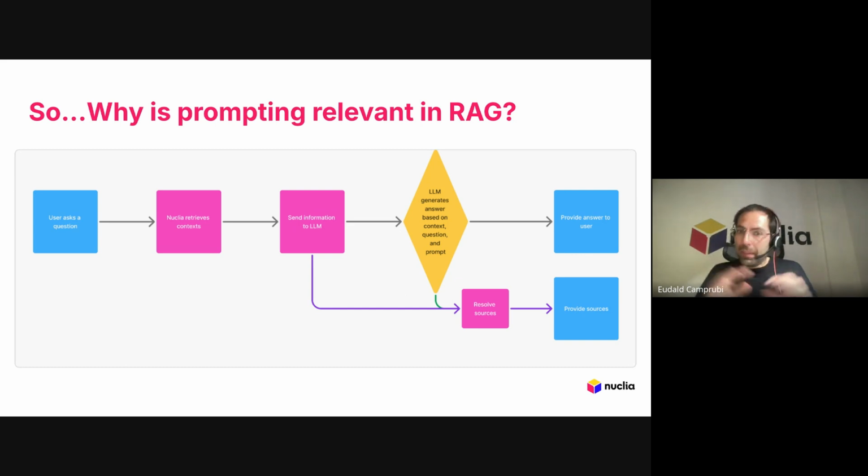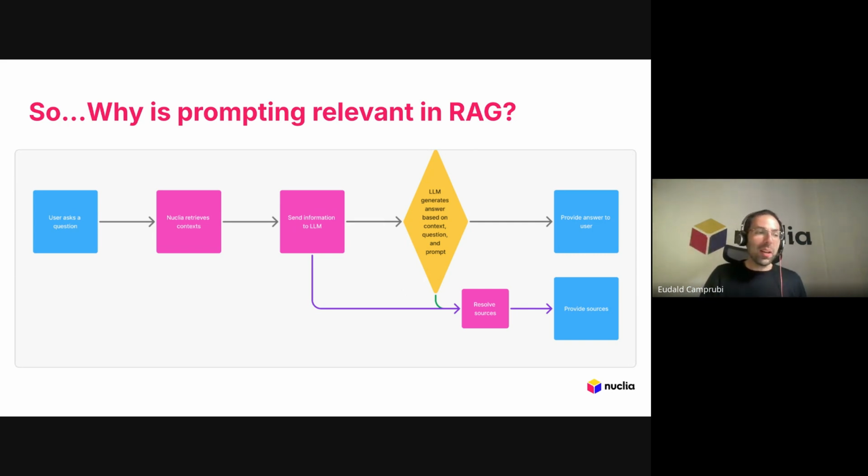This is a very schematic diagram, but it was important for us to share it as a setup for this session, for you to understand where the prompt mainly affects the output for the user when it comes to a RAG pipeline.